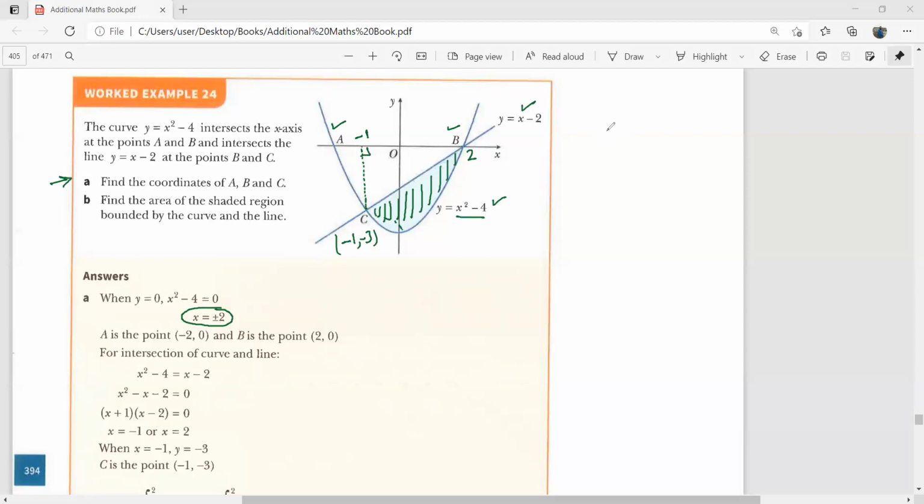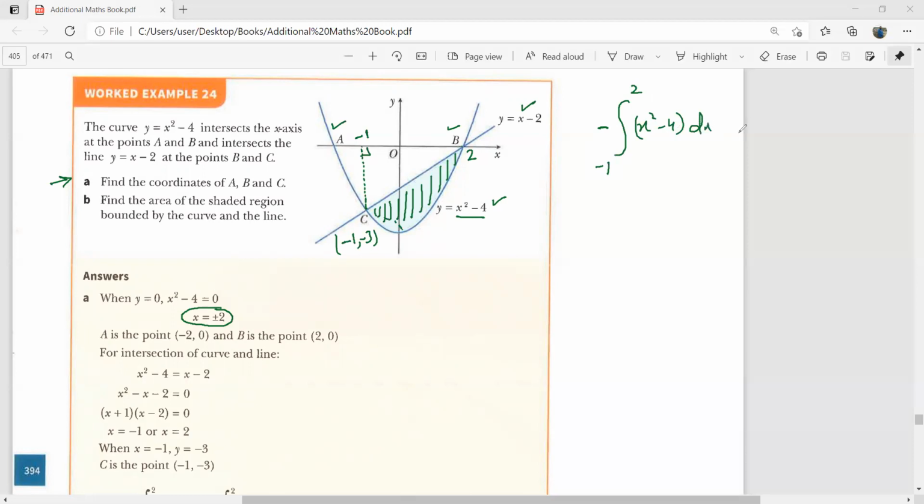So when you try to find this area, you will be doing it like this: minus the limit from -1 to 2, and you have here x squared minus 4 dx.